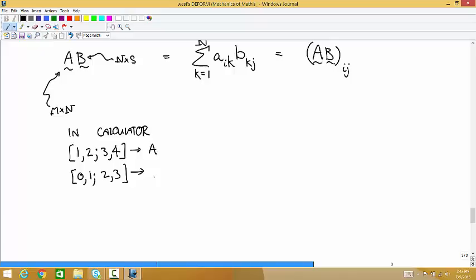Store that in the matrix B. And then just do A times B. I don't know why they did that order. A multiplied by B.